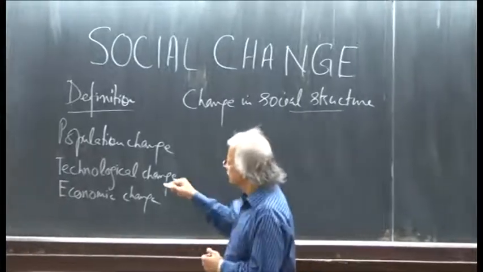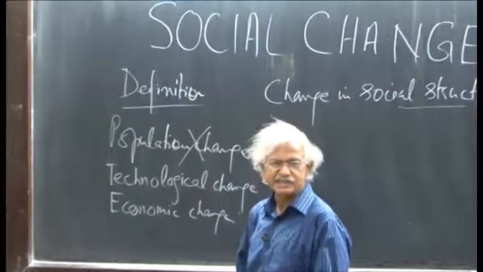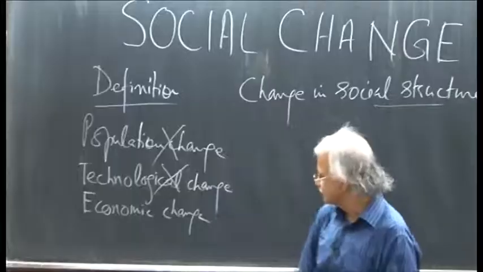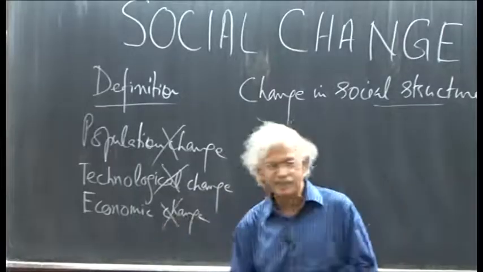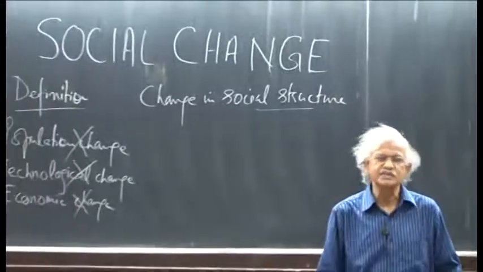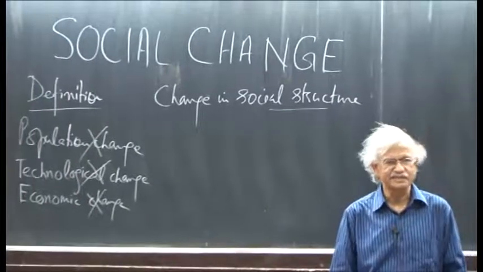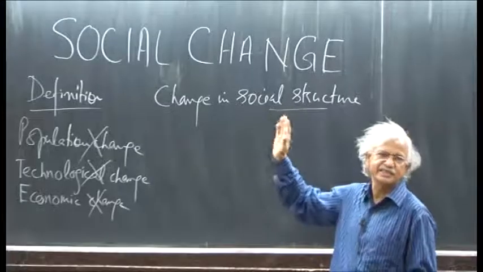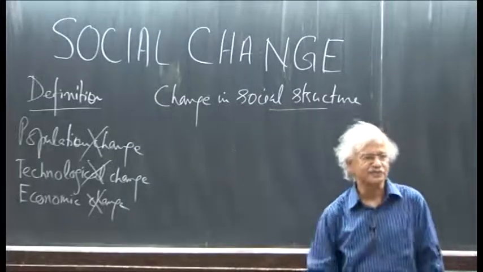But population change itself is not social change. Technological change itself is not social change. And economic change itself is not considered to be social change. Only those changes are considered to be part of social change which produce change in social structure.